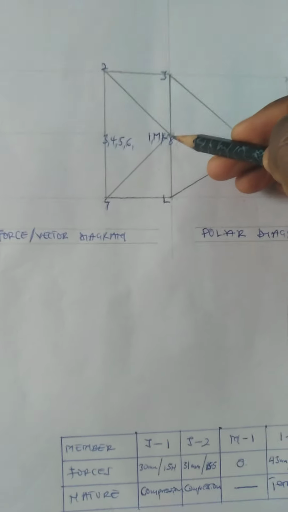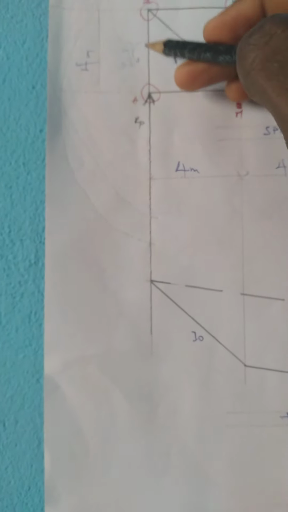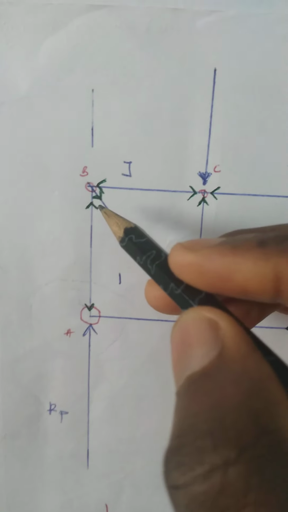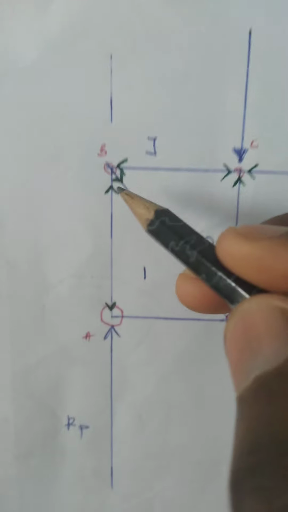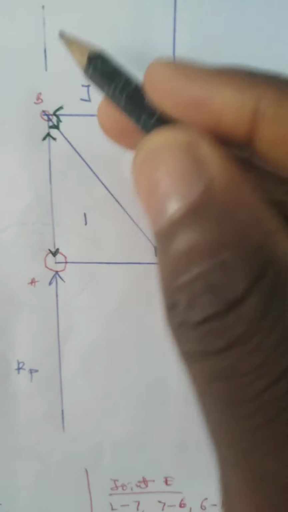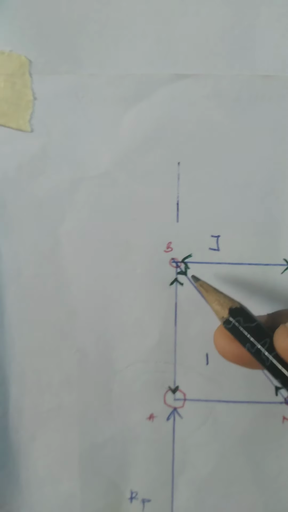We moved up from 1 to J. So at joint B, the arrow on this member will be moving up, because on the vector diagram, it was 1J and we moved up.